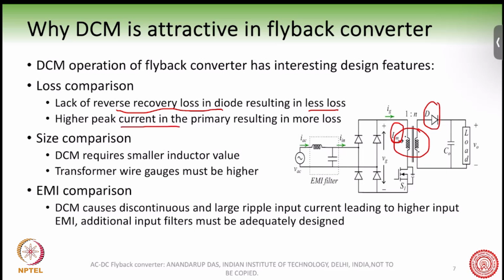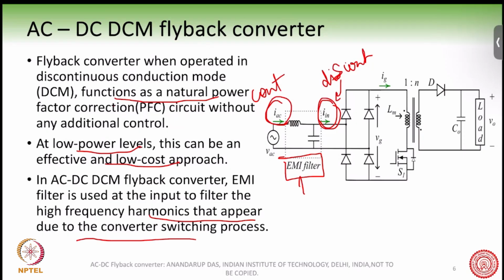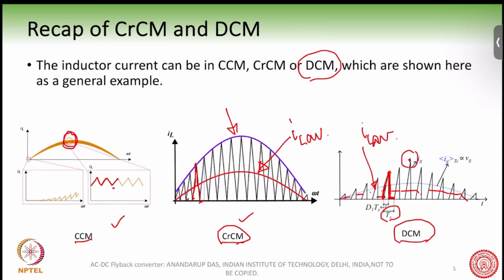But the disadvantage is, as you have noticed from this curve, that the peak current will increase if you go with the DCM operation for the same value of the average current. As you can compare, in CCM, the average current is here and the peak current is maybe slightly more than the average current.